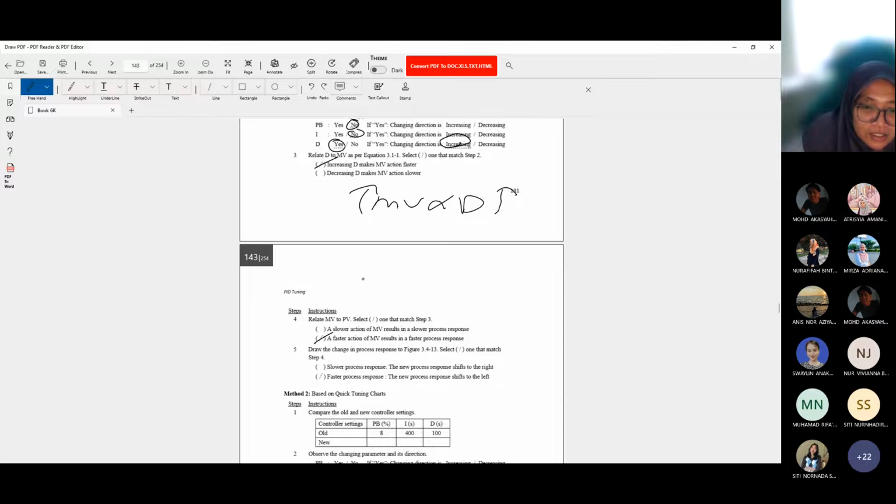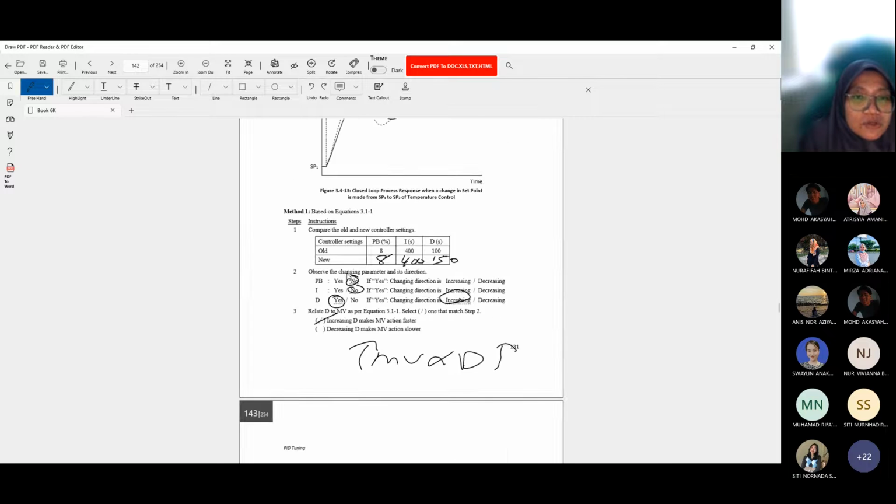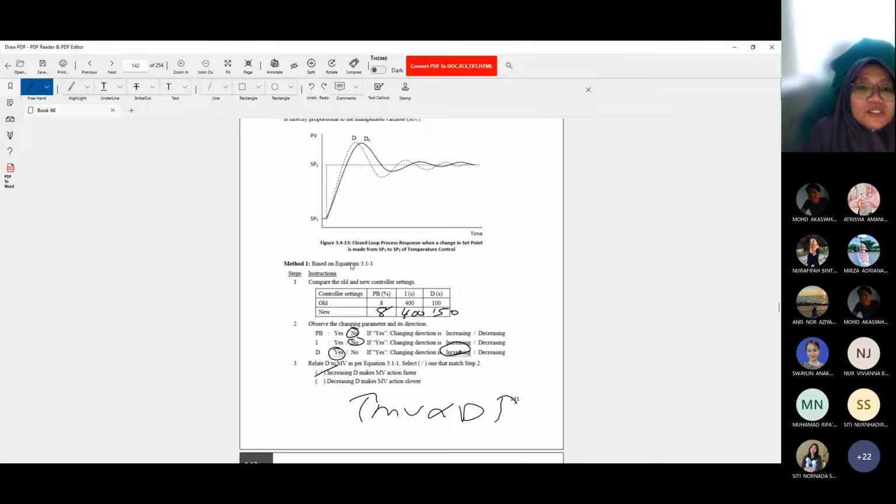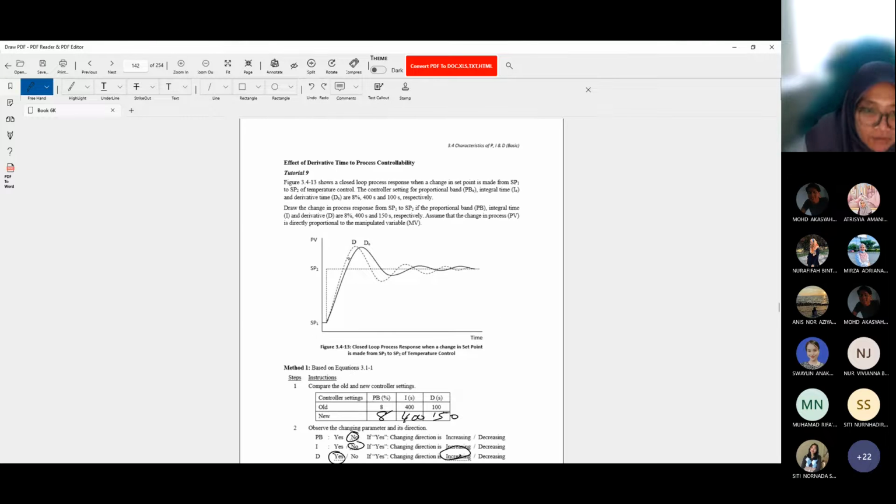So we get the faster process response for this case. So for the faster process response, the new process response will shift to the left. So to draw, you can draw a graph that shifts to the left.